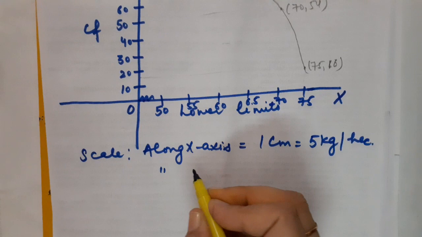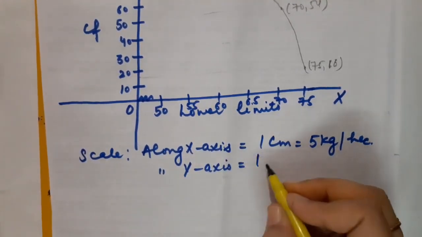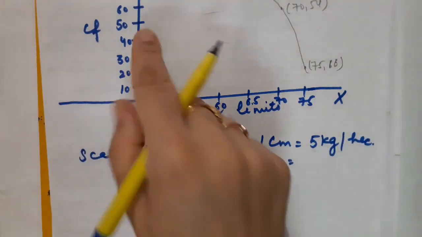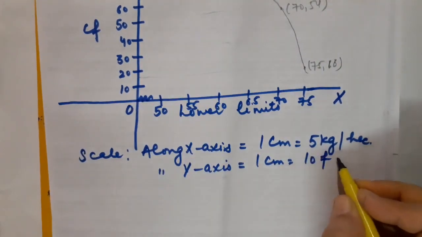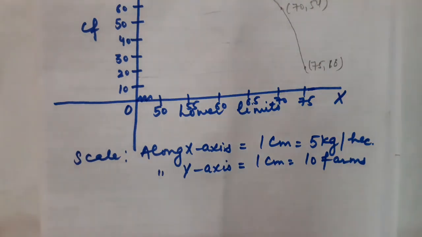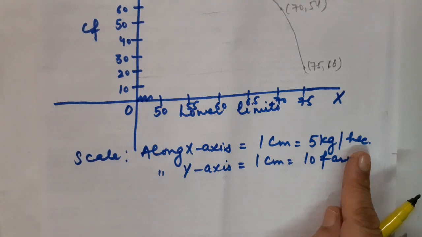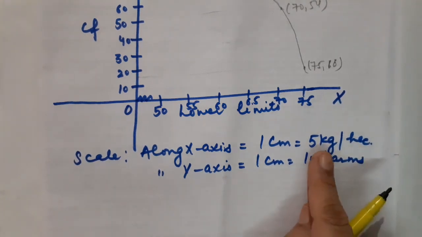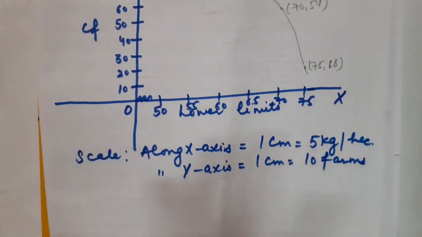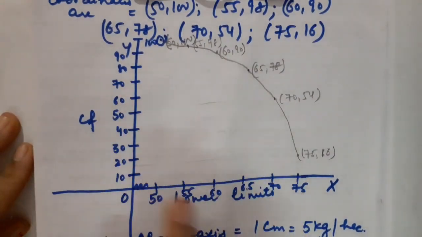Next along y-axis: 1 centimeter is equal to 10, there is a gap of 10. There were 10 farms. Correct? Actually, this kilogram or hectare is given in the NCERT textbook only. Fine. So either you can take kilogram or you can take hectare. That depends on you. So this is all about the more than type ogive.